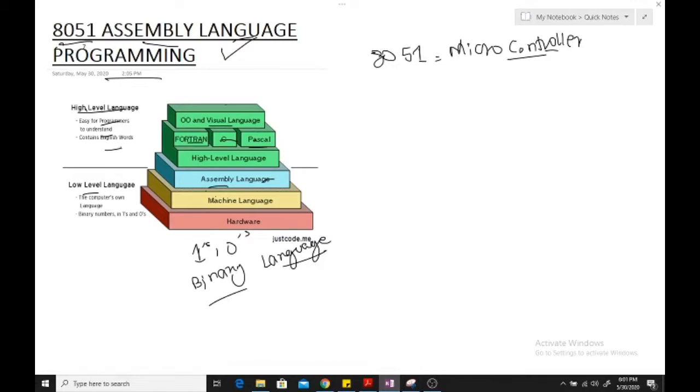But then the question arises: what is the relevance of assembly language in this technological era, when we have progressed towards high level languages where the level of difficulty is quite low? What is the purpose of assembly language? There is a purpose, and we will understand it by a simple example.